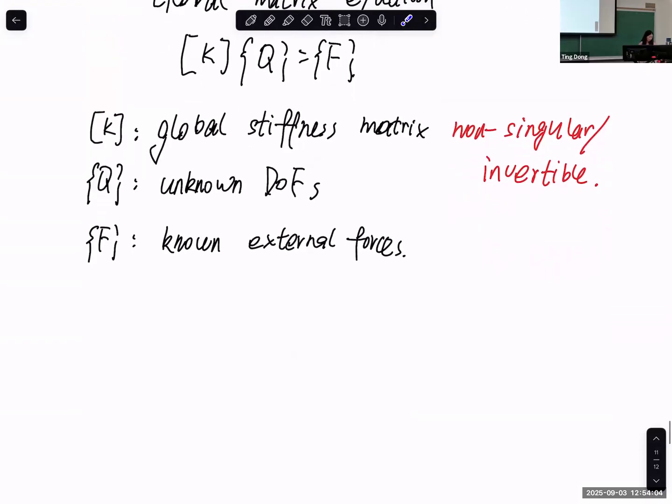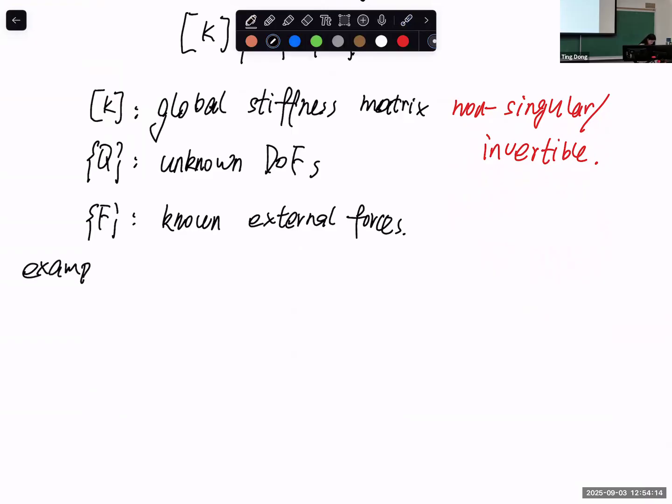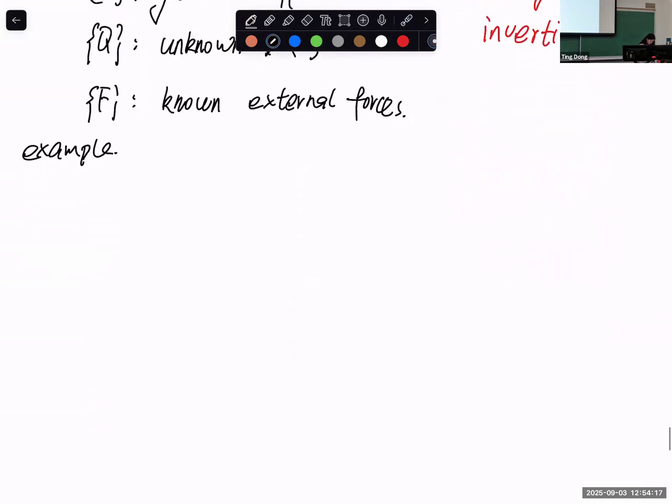So this is the theory part. Now let's check an example problem. We have a spring system with 5 elements.